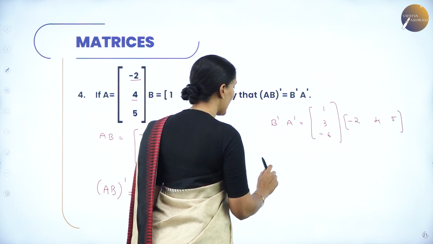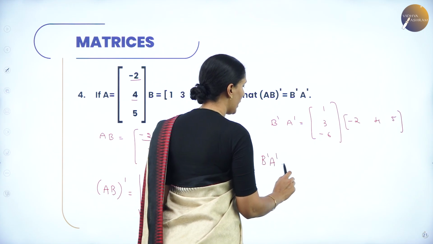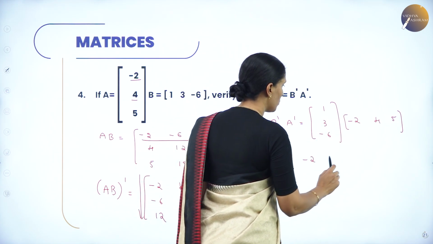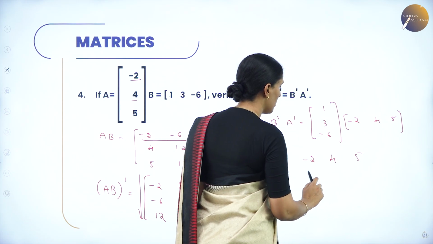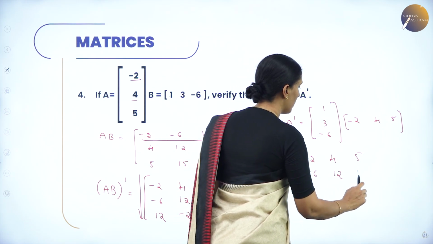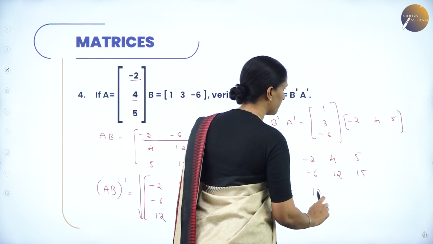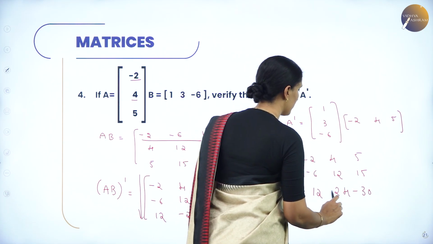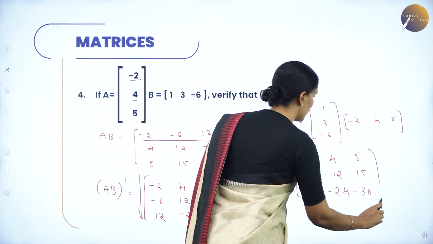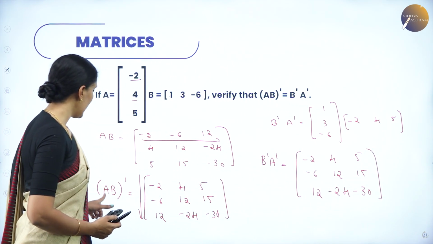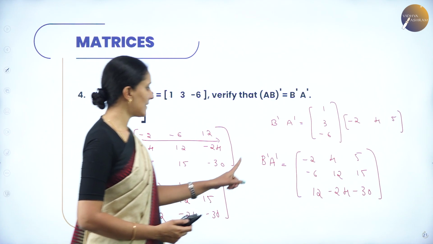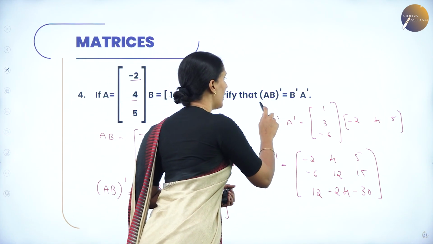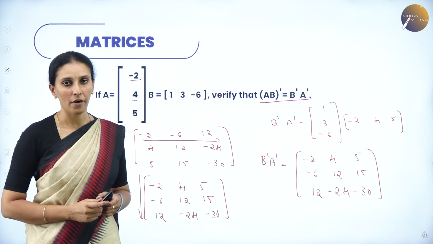So let's multiply again B dash into A dash. So minus 2, 4, 5, minus 6, 12, 15, 12, 24, minus 30. So you can clearly see AB whole dash is same as B dash and A dash. Hence, the property is verified.